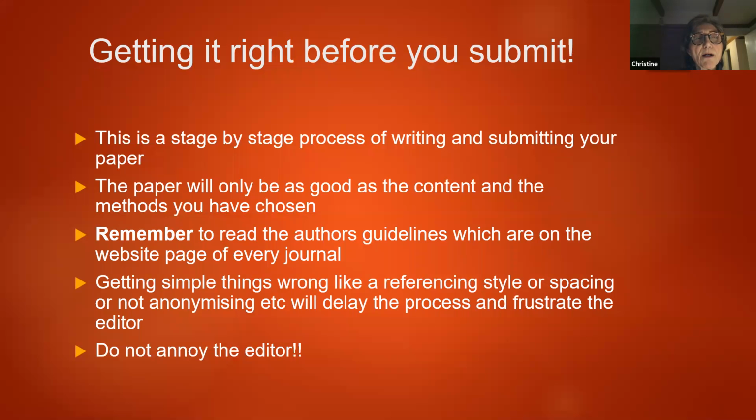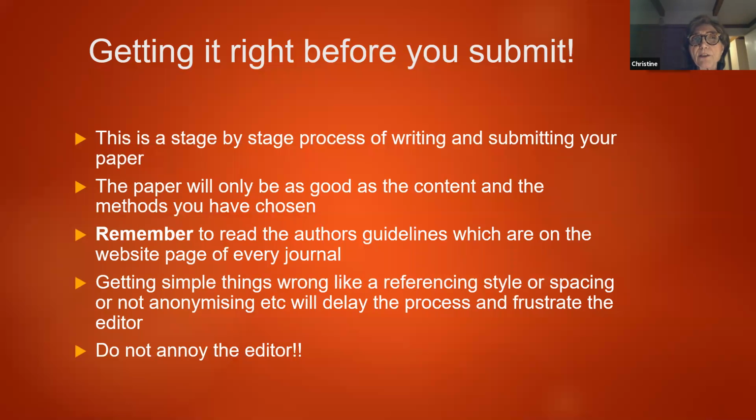I know with our journal, we really are sticklers around authors responding to the guidelines. We don't even want to look at a paper that doesn't have the correct referencing style. We use APA, and so we're real sticklers around that.